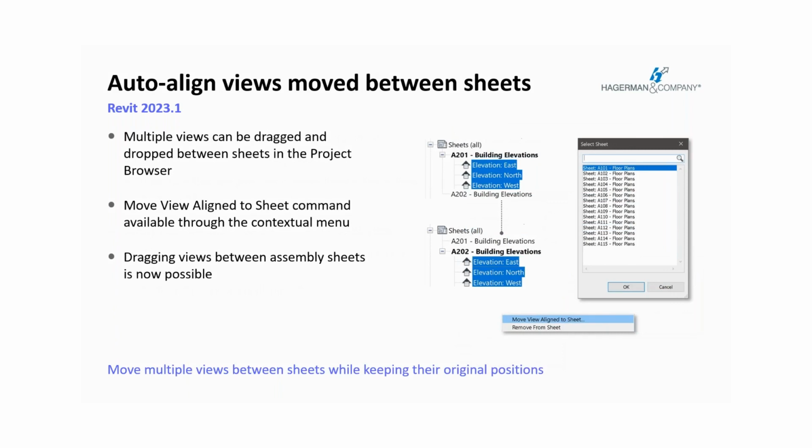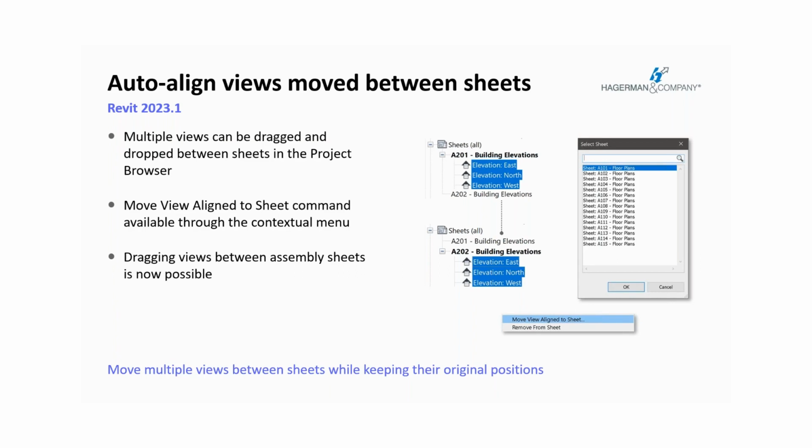To further prove we are really living in the future here, when moving multiple views between sheets, either by dragging and dropping in the project browser or via the contextual menu, the views will maintain their respective positions on the destination sheet.